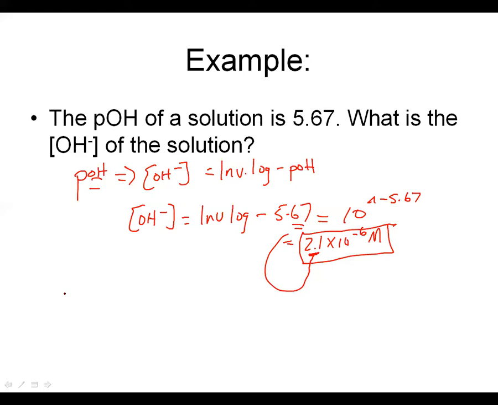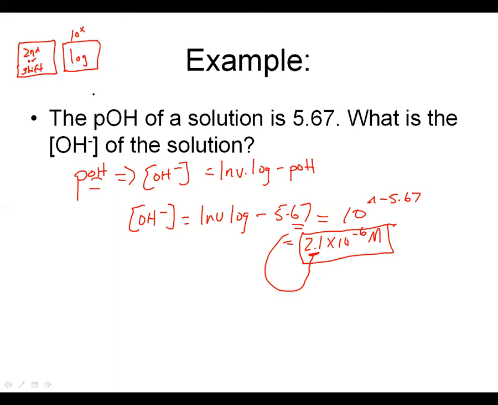So a reminder, again, if you were going to punch this into your calculator, on most people's calculators, to get to the inverse log, top left corner, you usually have a second button or a shift button. You would then hit the log button, which usually has like the 10 and the X or something above it.